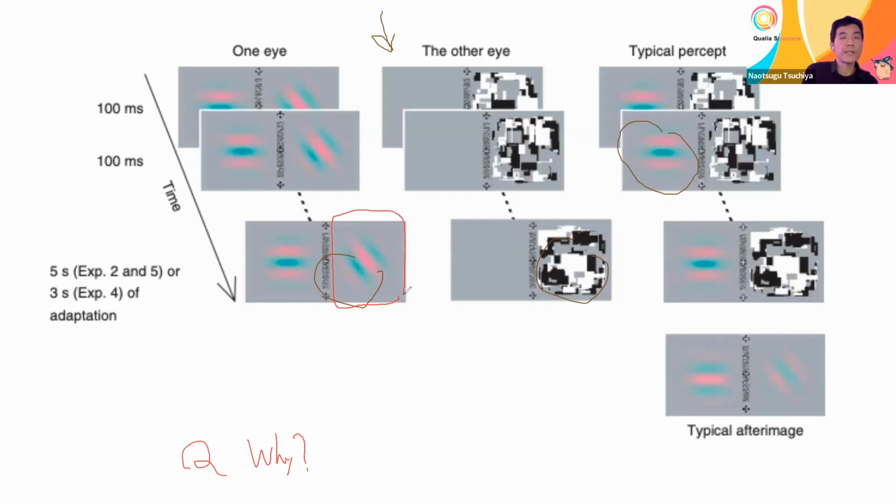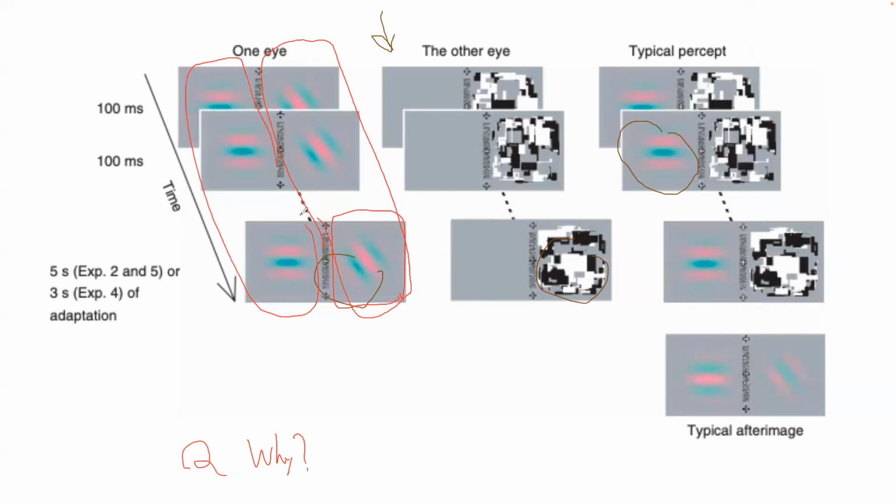This stimulus was presented for 5 seconds all the way to the left eye here. And this side is also 5 seconds all the way. Then there was no change. So this is the left side and right side of the left eye. Ah, okay. All right.